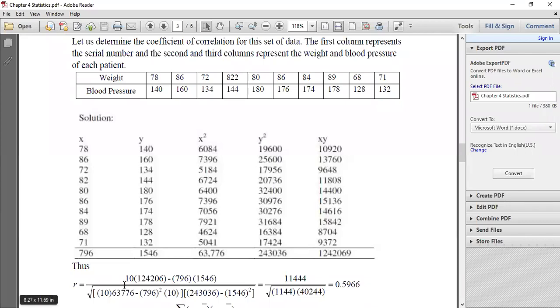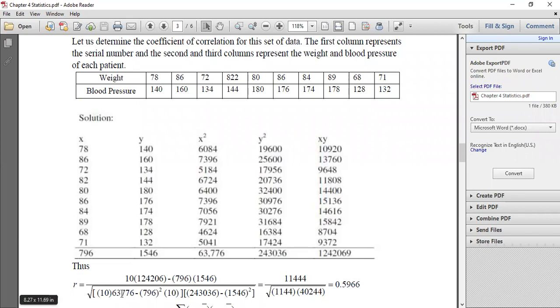So R is equal to N. So our subjects, or the number of people we are considering, they are 10. So that will form N. Then summation of X, Y. So you can see summation of X, Y is here. Then summation of X multiplied by summation of Y. Then the whole of that divided by the square root of, again, N, which is 10.